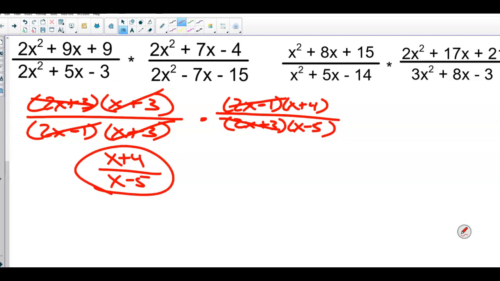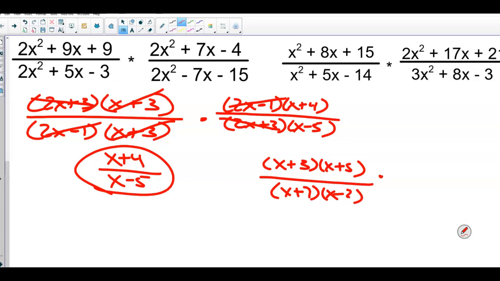The second one I'm going to bring down here, x plus 3, x plus 5 over x plus 7, x minus 2 times 2x plus 3, x plus 7, and then 3x minus 1, x plus 3.